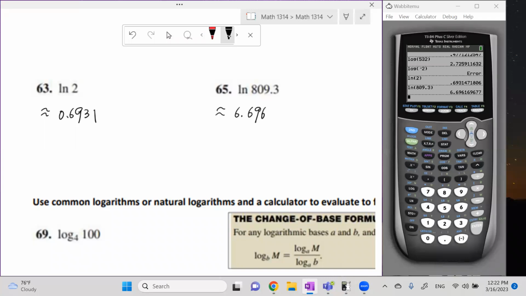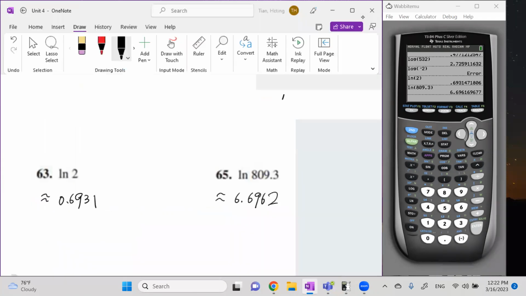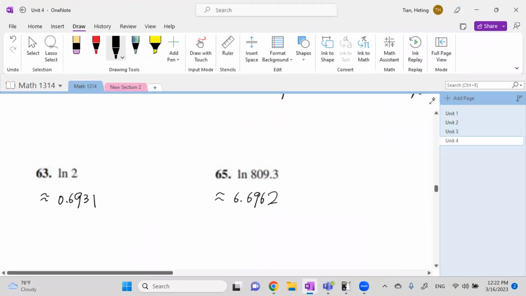So the 4th decimal is 1. After the 1, we have 6. So 6 is greater than 5. 1 must be added by 1. So we have 6.6962. All right, we solved this part.